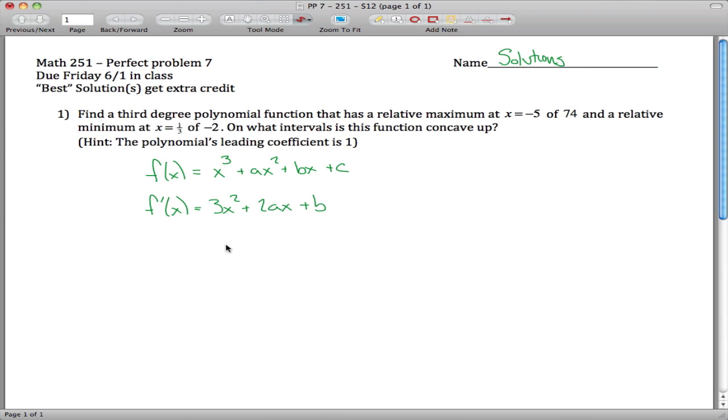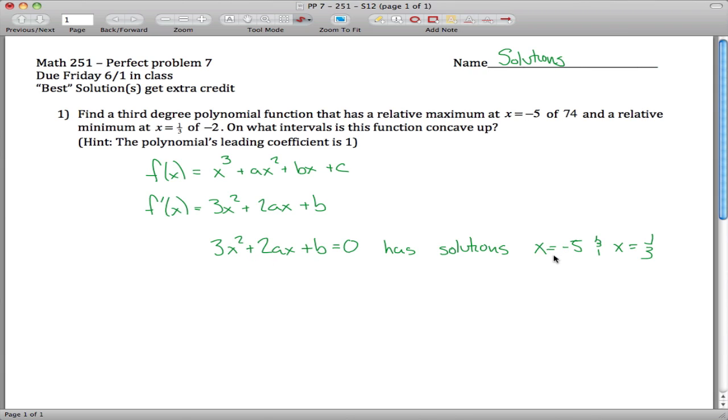Okay, and we know that it has a relative maximum at x equals -5 and a minimum at x equals 1/3. In other words, solutions to this equation, this has solutions of x equals -5 and x equals 1/3.